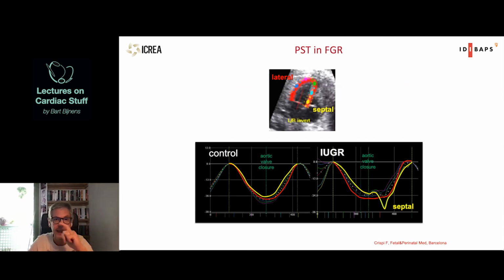And here you see, for example, again, when we look at this fetus with this abnormal placenta, what you start to see is that in the base of the septum you start to see post-systolic thickening when we look at the pattern of deformation. So that means that there is indeed an acute loading at this time.